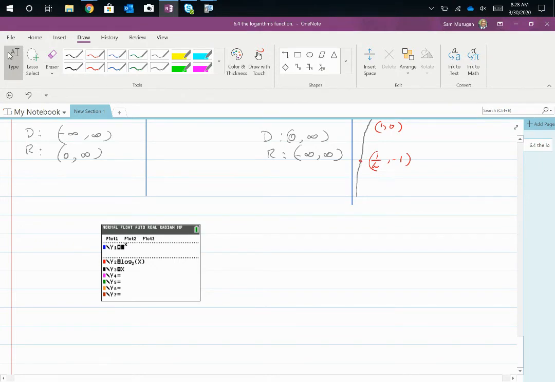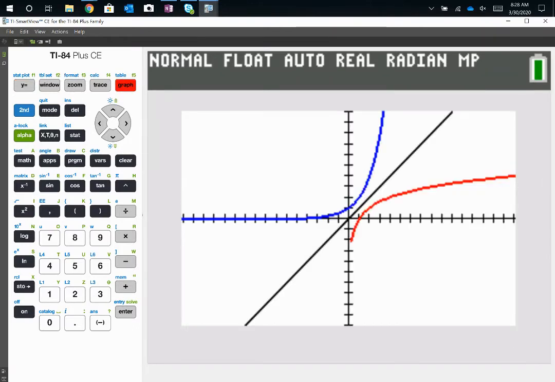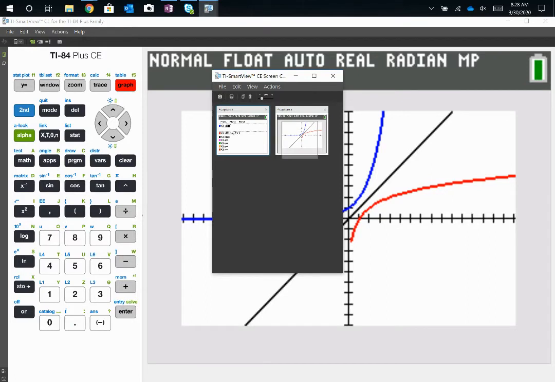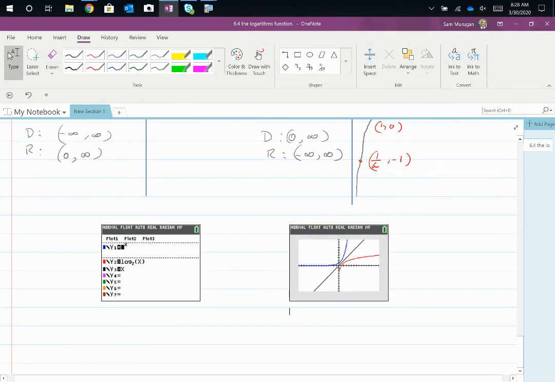So this is what I graphed, and then the actual graph, I'm going to capture that as well, and place it into the notes so you can fool around with your calculator and see what's happening with the graphs. Okay, I just wanted to demonstrate the nature of the graph.